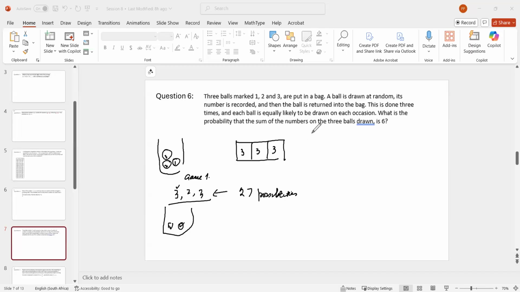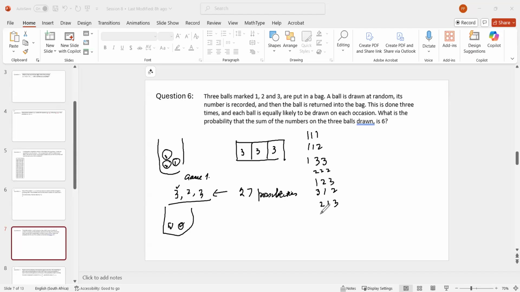Okay, now you could have 1, 1, 1, 1, 2, and so on. Right. Now, if you want a sum to be 6, it has to be 1, 2, 3. That's the only way you can get 6. Or you can get 2, 2, 2. All the same. Right? Or you can have 1, 2, 3, but it could be 3, 1, 2, or 2, 1, 3.